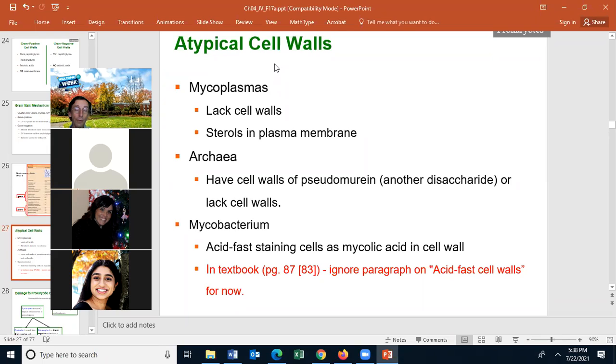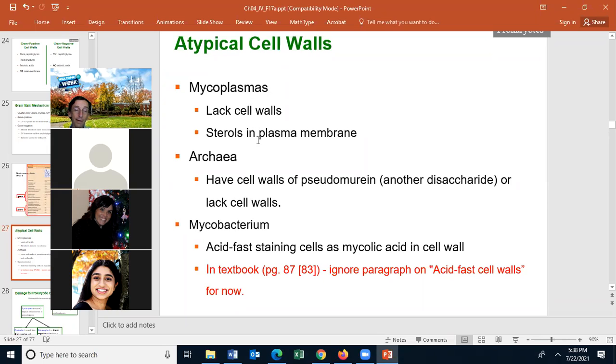There are two types of bacteria which have atypical cell walls. The mycoplasmas are different bacteria, and they have atypical cell walls because they lack a cell wall. All they have is a cell membrane.